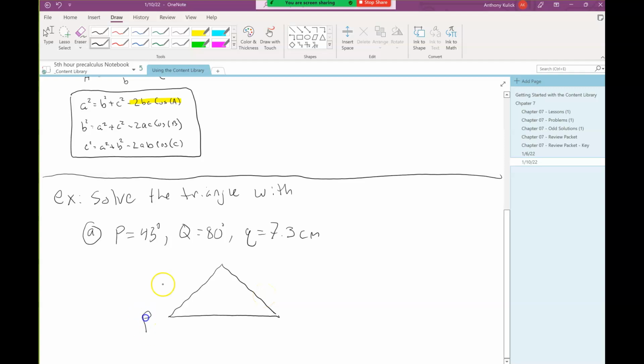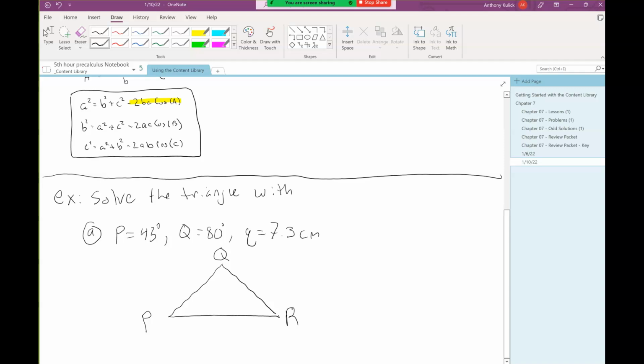When I label the vertices, obviously one of them is P, the other has to be Q, and the third one, what would I want to name the third one? I'd use R, not because I'm a pirate, but because of the alphabet.